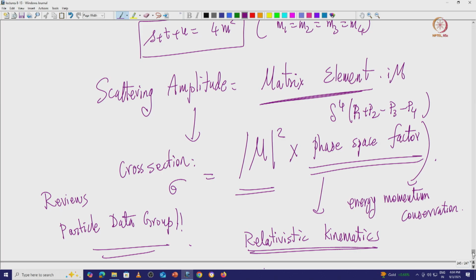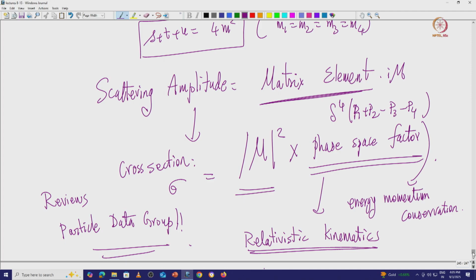Now here I have written it in terms of 4-momenta, this is coming from the plane wave functions sitting in the calculation of the amplitude. You can also write it in terms of E1, E2 and P1, P2, and this could become non-trivial for a higher number of particles.